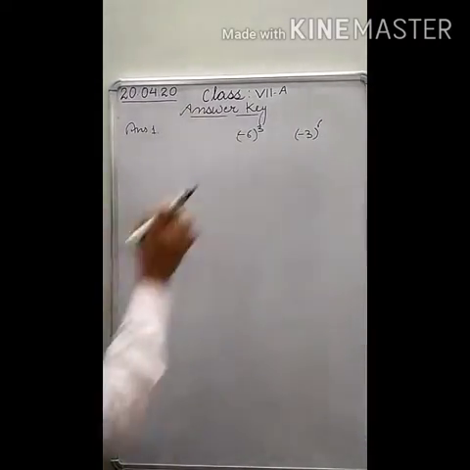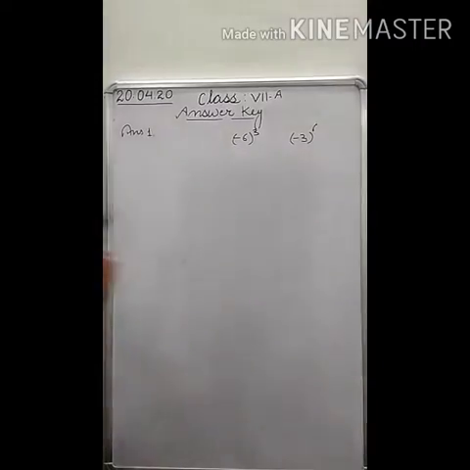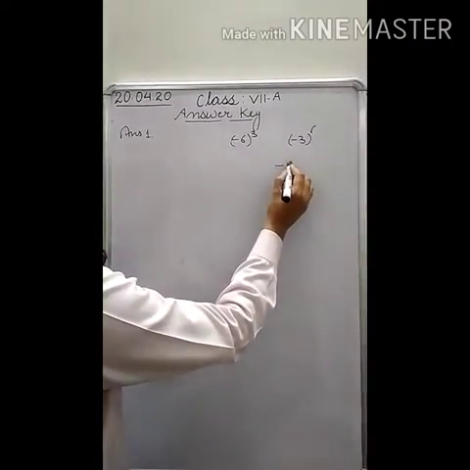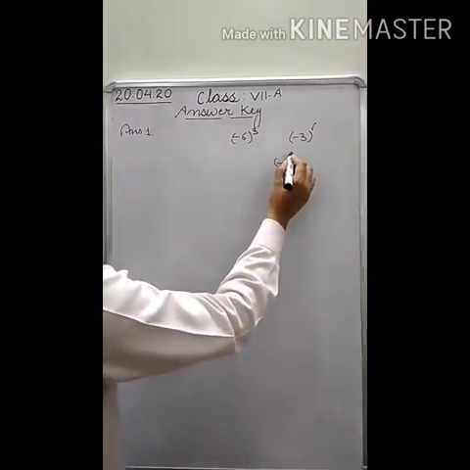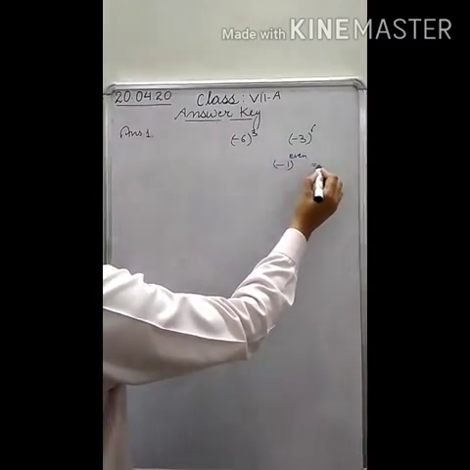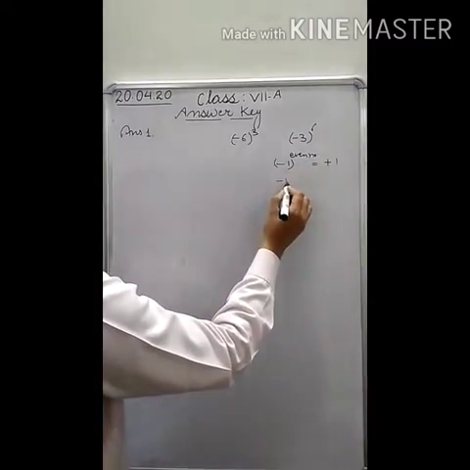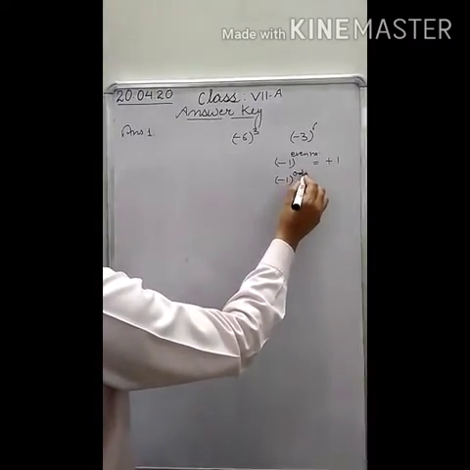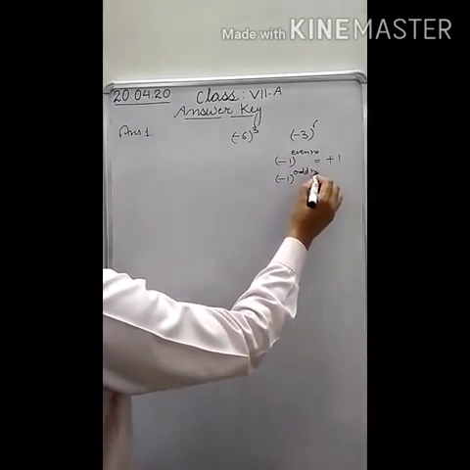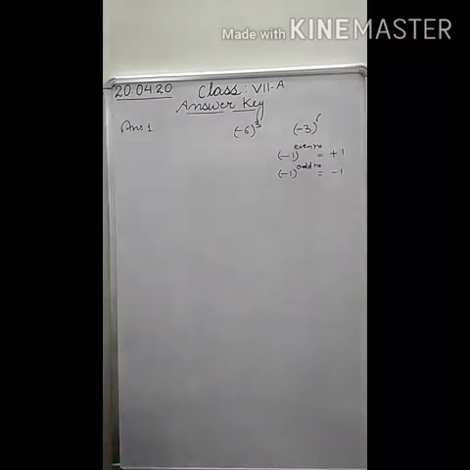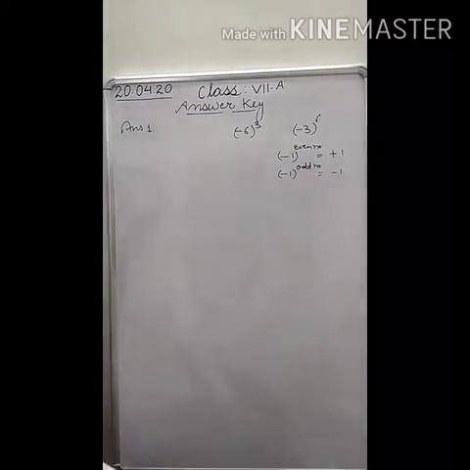Before starting this, you should know one formula: minus 1 raised to an even power will always be plus 1, and minus 1 raised to an odd power will always be minus 1. Only this concept we have to use here.